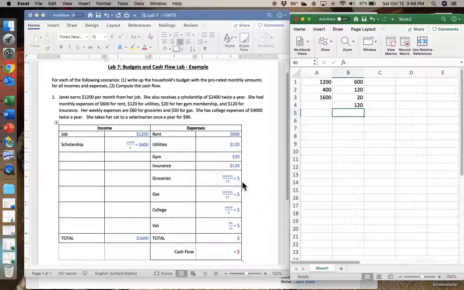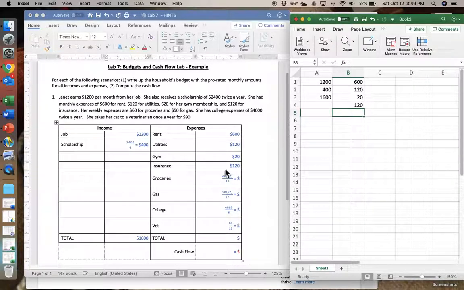Next, it says her weekly expenses are, first of all, $60 for groceries. Okay, so this is weekly, not monthly. You can't just take 60 and multiply by 4, because there are not exactly 4 weeks in a month.